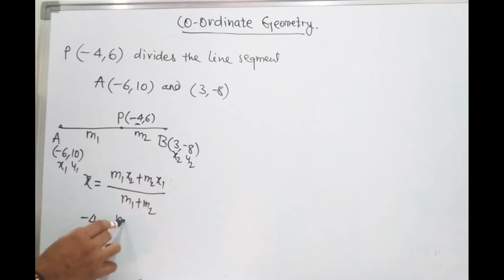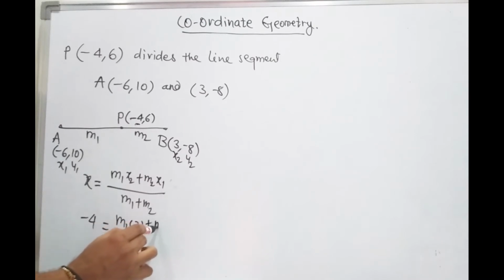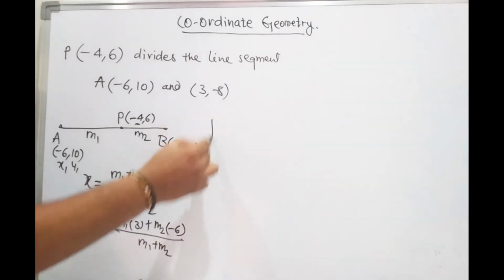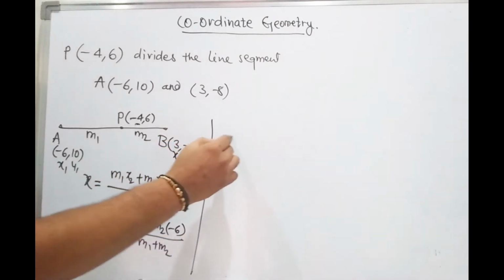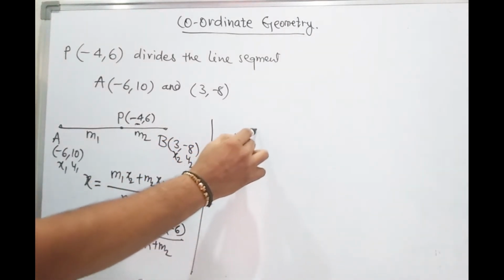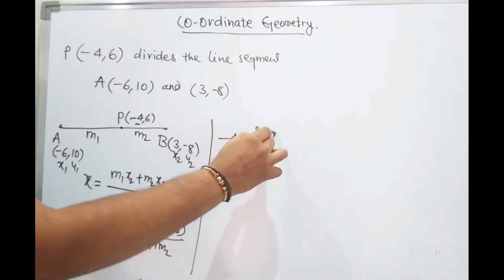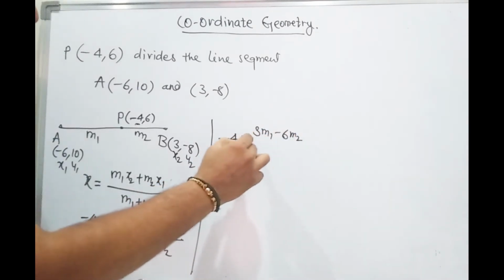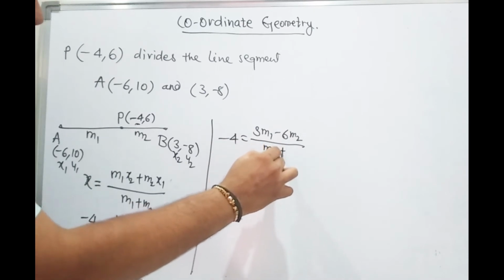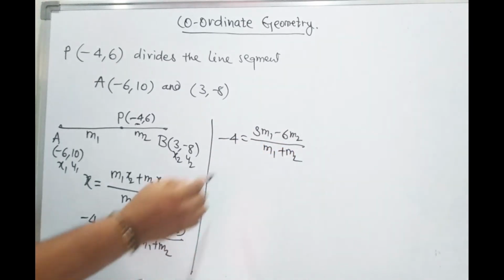So m1 into x2 means 3, plus m2, we don't know the value of m2, and x1 means -6, upon m1 plus m2. Now -4 is equal to 3m1 minus 6m2 upon m1 plus m2.